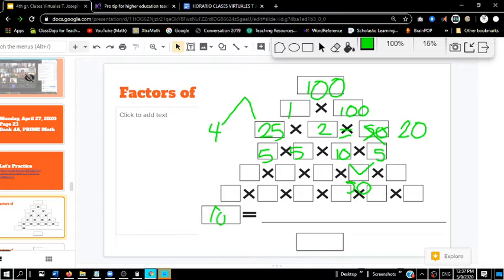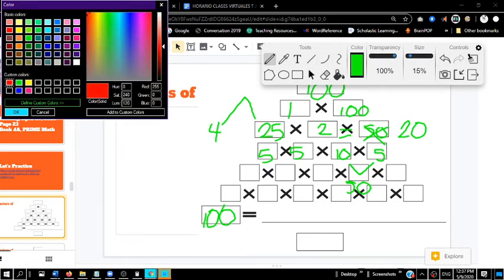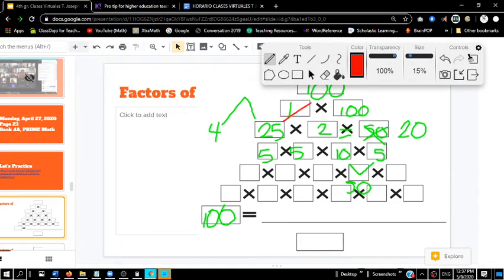So of 100, I'll write that again. Of 100, we can find all those factors, which, let me use a different color. We have 1, 2, 4, 5, 10, 20, 50.